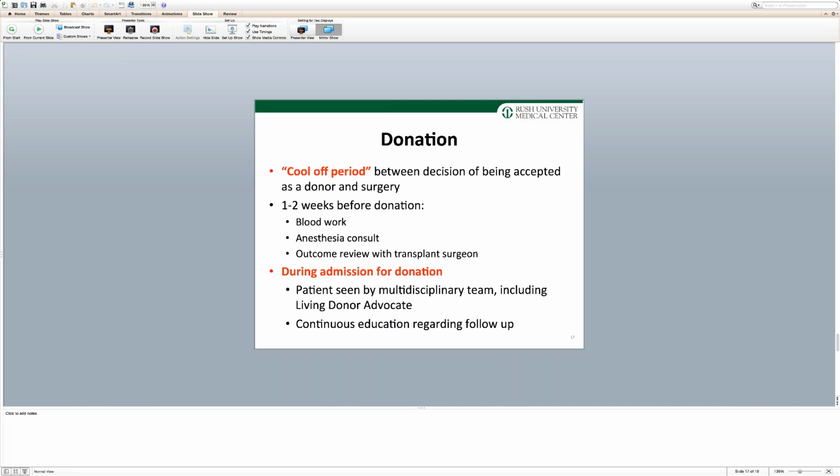During admission for donation, the patient is seen by a multidisciplinary team, including the living donor advocate. During the evaluation and donation itself and admission in the hospital, the patient is undergoing continuous education, as the process of follow-up of the donor is very strictly regulated by CMS.